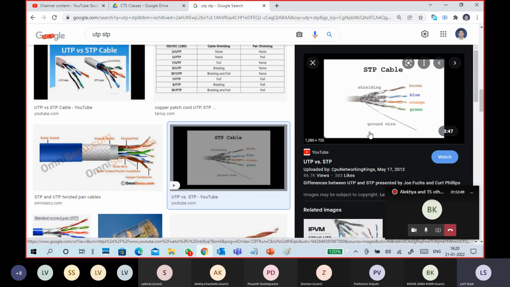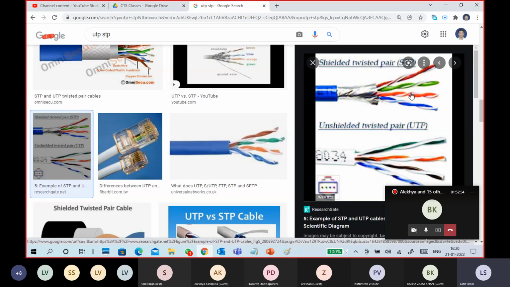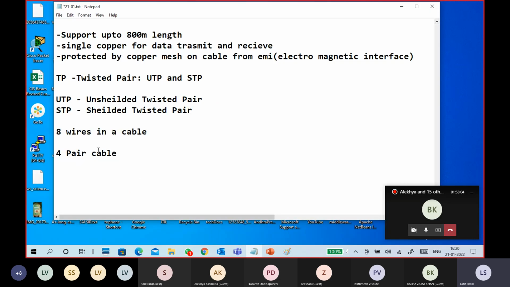I will explain. Because of the twist on the wires, it is called twisted pair cable. Each pair of wires is twisted around each other. That's why we call it twisted pair cable: unshielded twisted pair cable, shielded twisted pair cable.